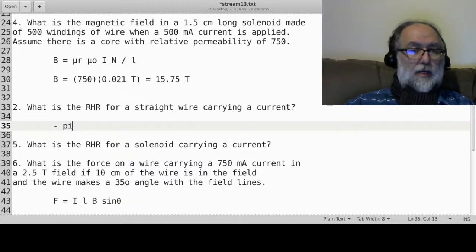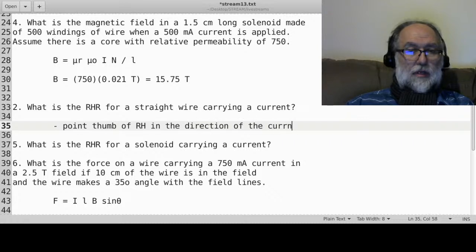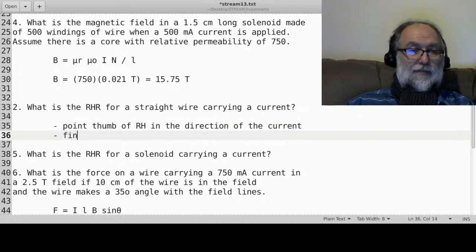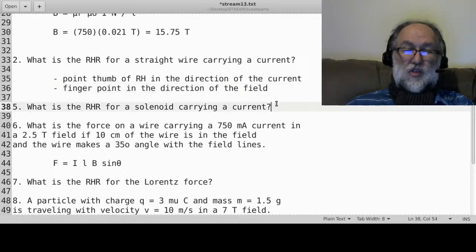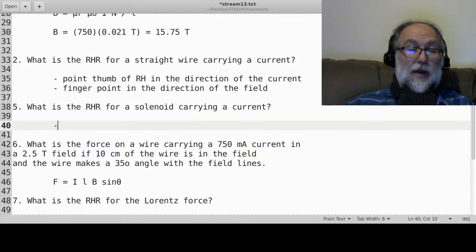So what's the right-hand rule for a straight wire? Point the thumb of your right hand, of course, in the direction of the current, and the fingers point in the direction of the field. Okay, that's for a straight wire. For the solenoid, it's the other way around.